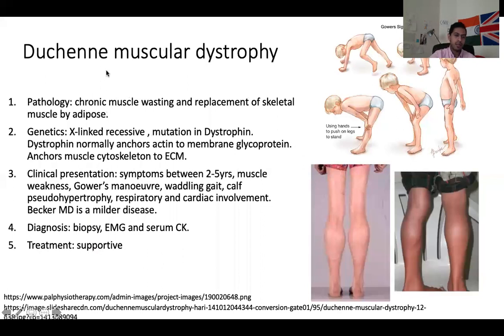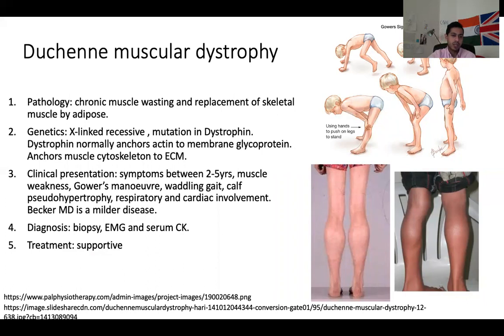And then the last muscular pathology is Duchenne muscular dystrophy. So this is a chronic muscle wasting disorder with replacement of skeletal muscle by adipose tissue. It's an X-linked recessive disease, and it's usually caused by a mutation in dystrophin.